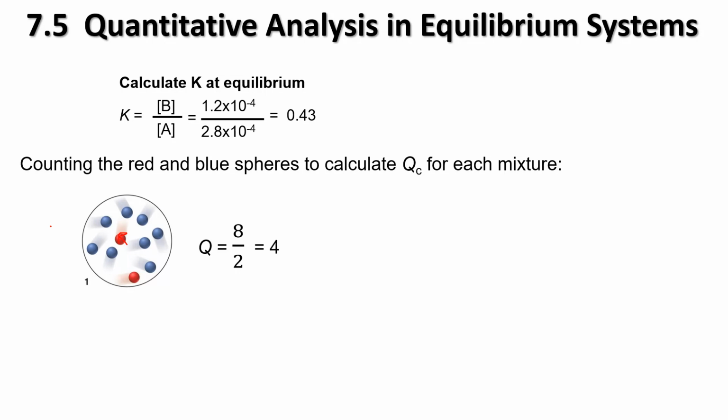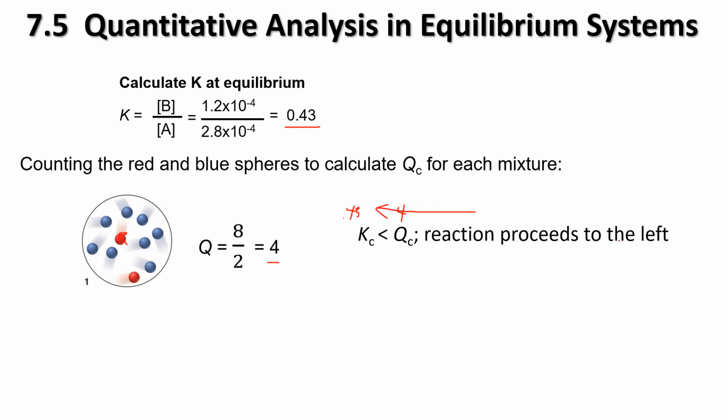That equals out to 4. So we can compare 4 to 0.43. Clearly K is less than Q, right? 0.43 is less than 4. So this must mean, if our arrow is going that way, that it's going to shift to the left, or the reactants.